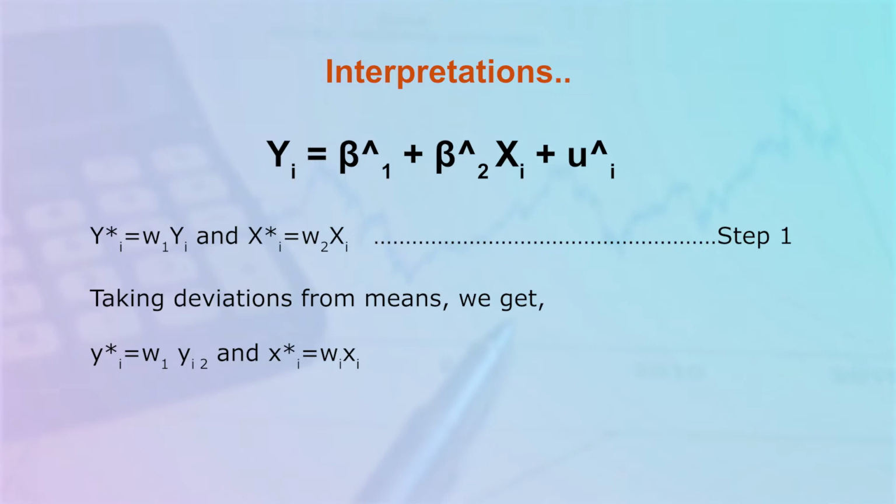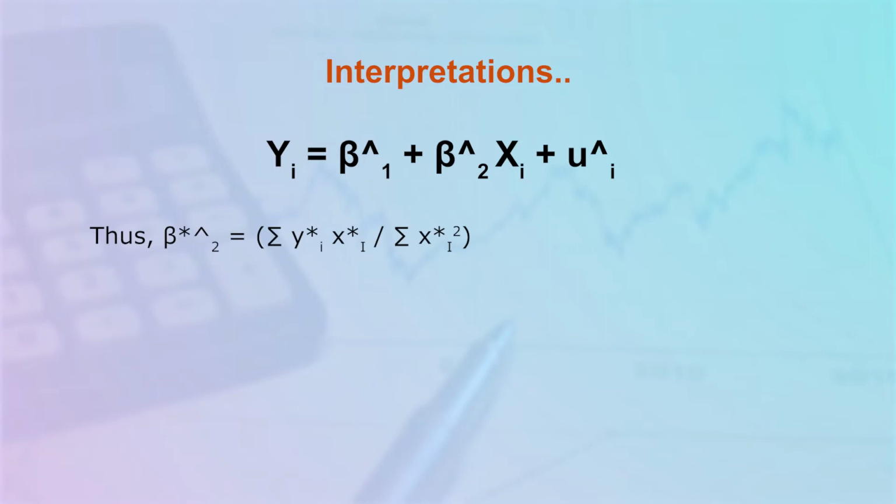So instead of writing capital yi star, we write small yi star equals w1 yi, which is considered the initial value of the variable, and similarly xi star equals w2 xi. Accordingly we get yi star and xi star converted to deviations from the means.